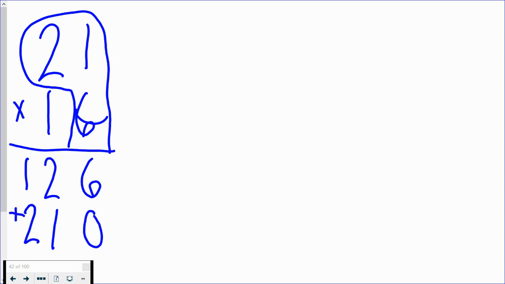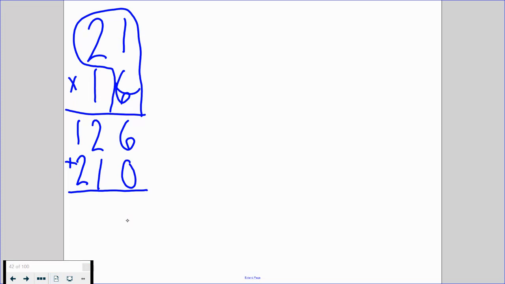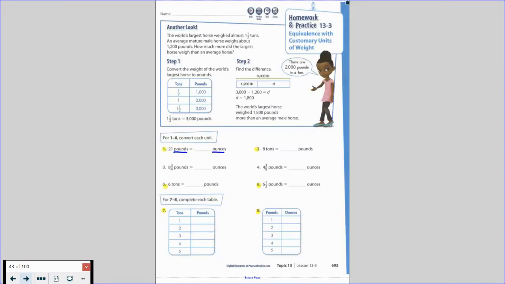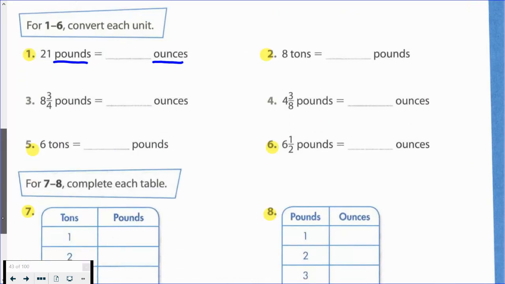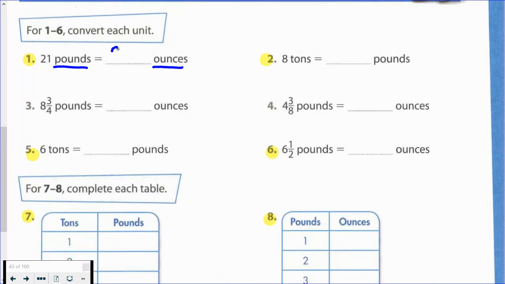Then I'm going to go ahead and add. 6 plus 0 is 6. 2 plus 1 is 3. 1 plus 2 is 3. I got 336. Great time to pull out a calculator and check your computation. So, based on my multiplication work, 21 pounds is 336 ounces.